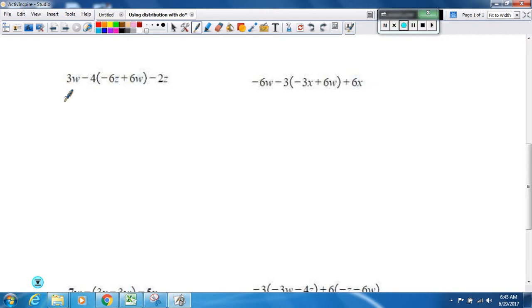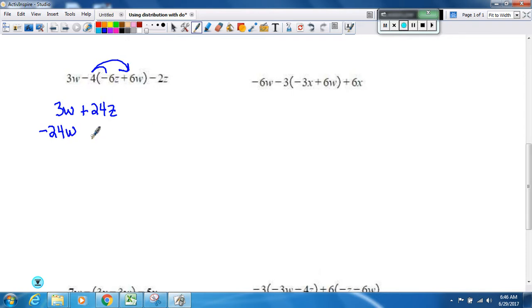Okay, on the next one I have a 3w. Negative 4 times negative 6z is a positive 24z. And then negative 4 times positive 6 is a negative 24, and you have a w there, so that goes under my w's.